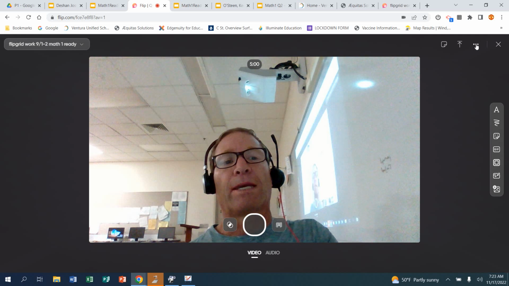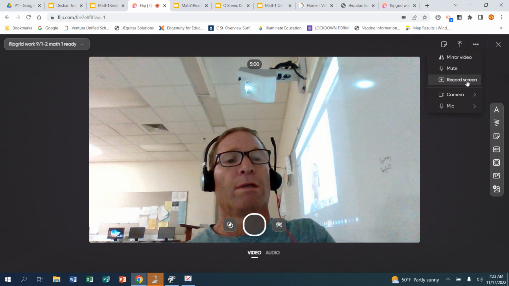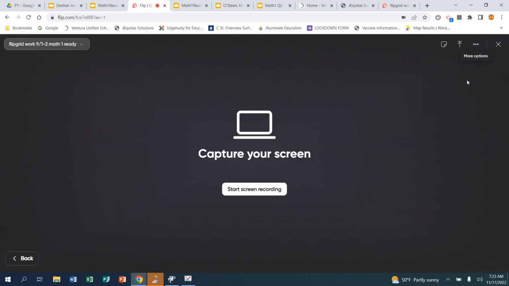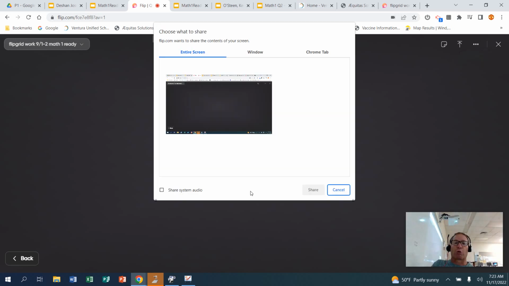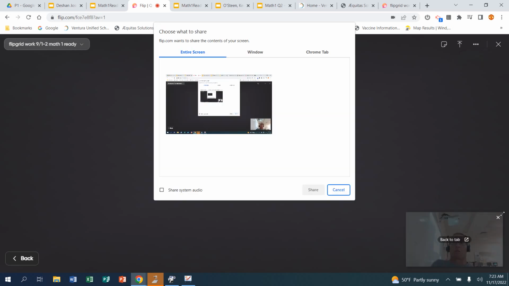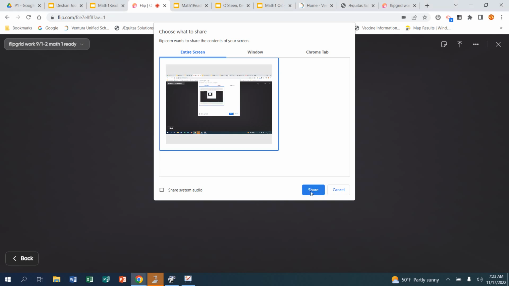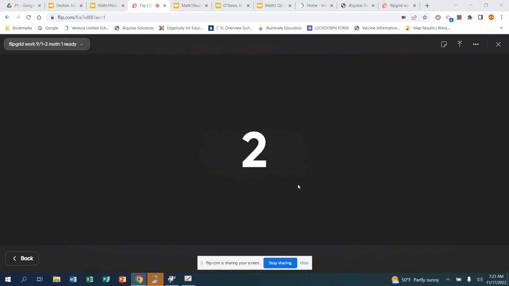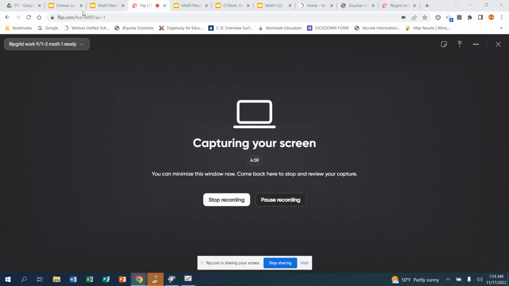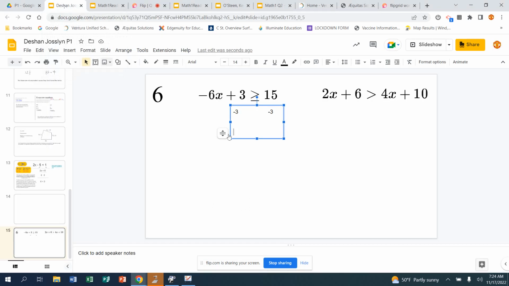You're going to change it by hitting the little dots in the top to record screen and hit start recording screen. You could X this out so your face doesn't show if you don't want it to. Click on that so it's blue, hit share.